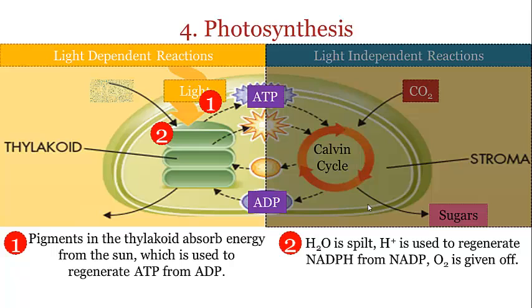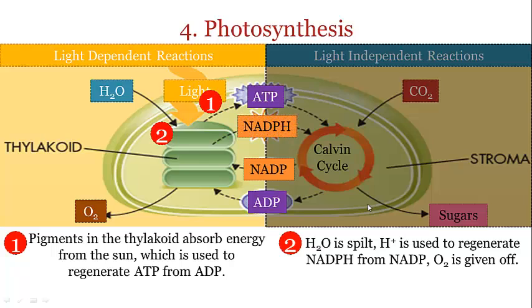Next, water is split, and the hydrogen ions produced from splitting that water are used to regenerate NADPH from NADP. During this process, oxygen is also given off. So that's it for the light-dependent reactions. Light energy and water are used to generate ATP and NADPH. Those are going to be fed into the light-independent reactions.